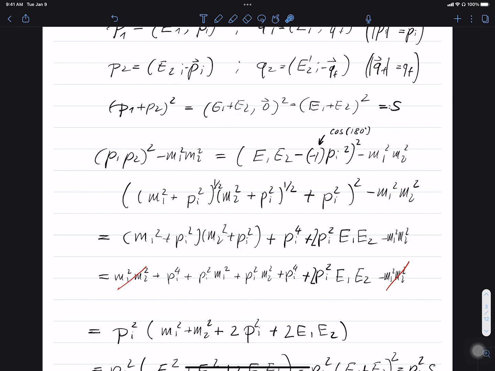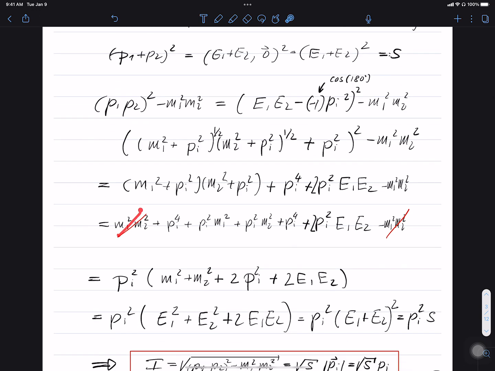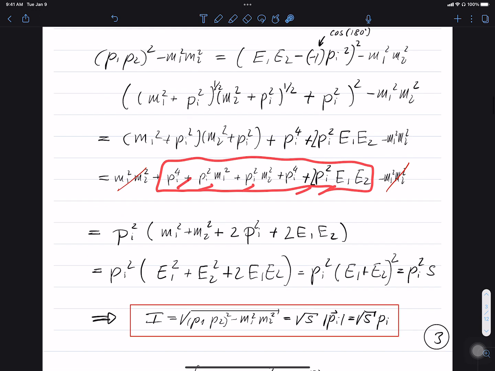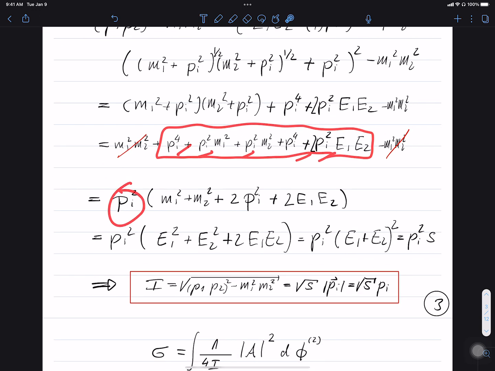So the cosine of this angle is -1. So we get here plus P initial squared minus M1 and M2. We can just multiply everything out. We see that the mass terms here cancel, and then we can pull out a P initial squared out of all of these terms and get a P initial squared times this expression.